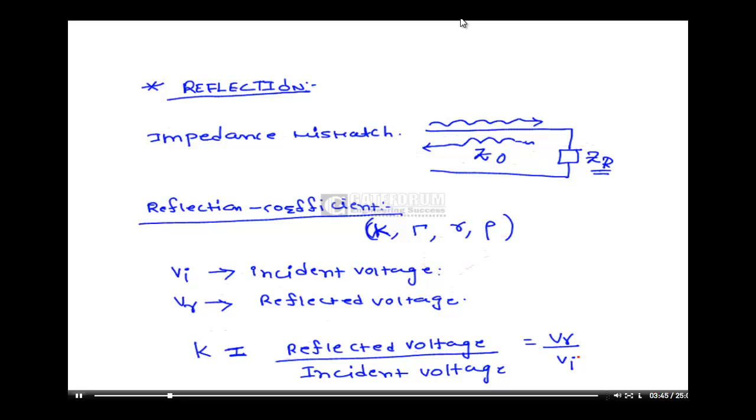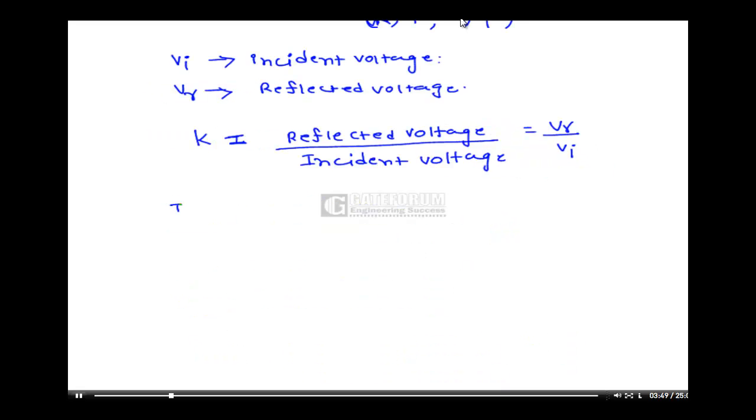This reflection coefficient we can define for current also. Suppose II is the incident current and IR is the reflected current.